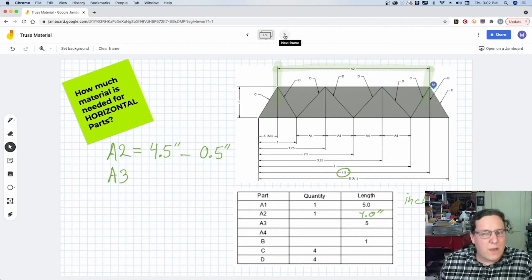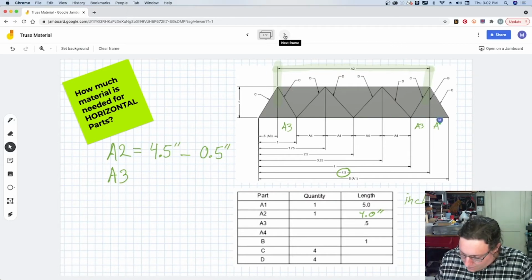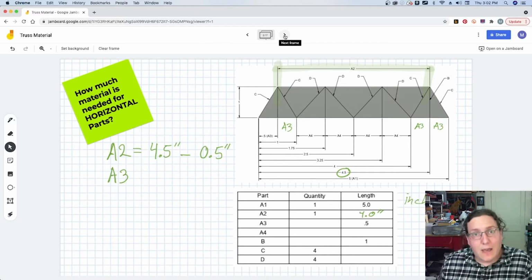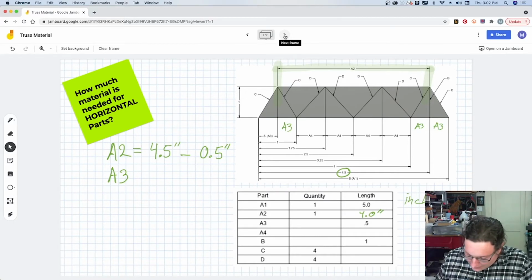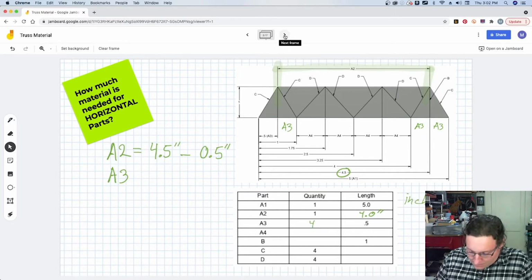So this vertical line is going to be equal to every single one of those. So what we can piece together is that A3 is anywhere we need the base labeled when we have that C hypotenuse. So when we label all of them, we can see that we actually have 4 of those A3 lines, and we already have the measurements, so we're solid to move forward with that.